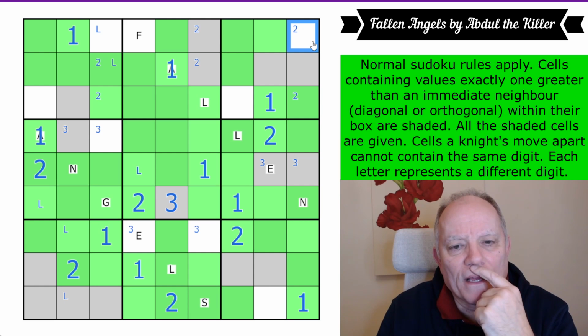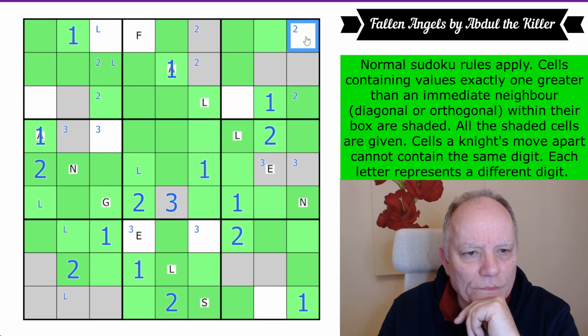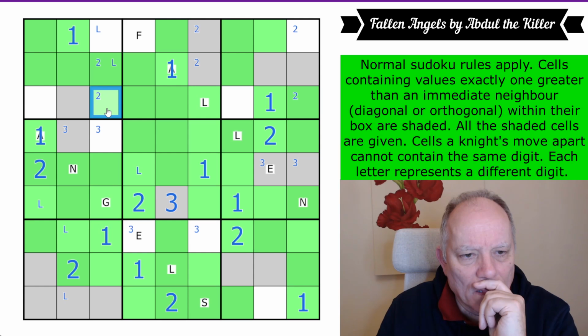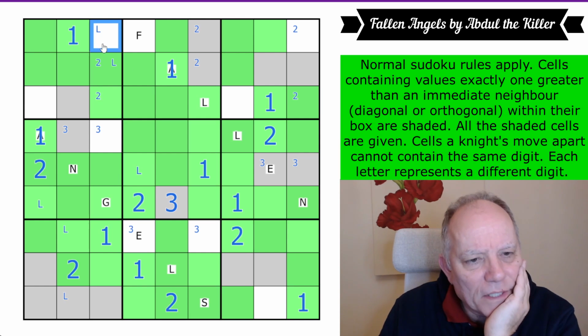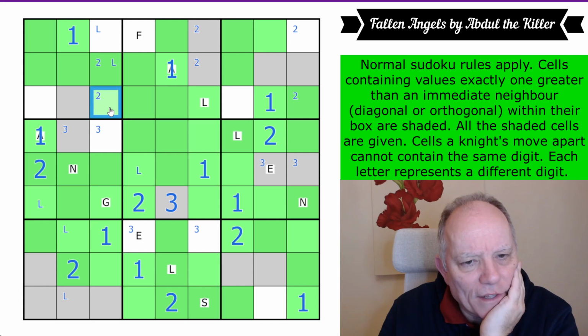Three could be there if 2 was there. Yeah, I don't think that breaks the rule. This being 3 would be white. That would have to be a 2. That would have to be a 2.